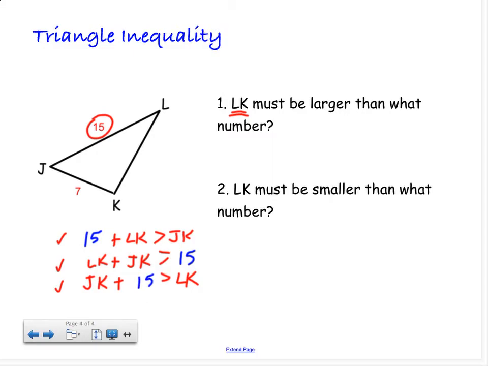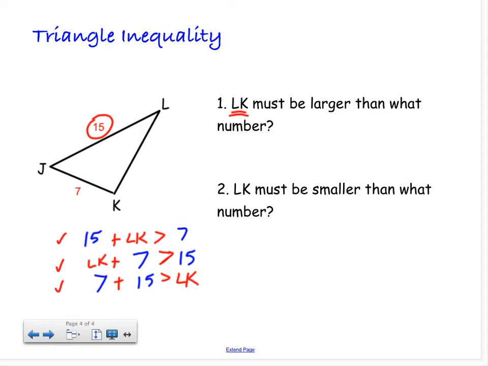Okay, and let me just fix my inequality sign there. Good. Now the other side I know is JK. JK is 7, so I'm going to go in and replace JK with 7. Okay, and we have one more right here in the middle, which is 7.